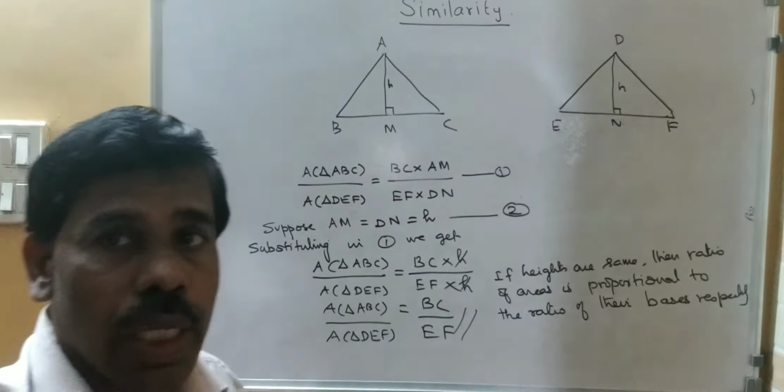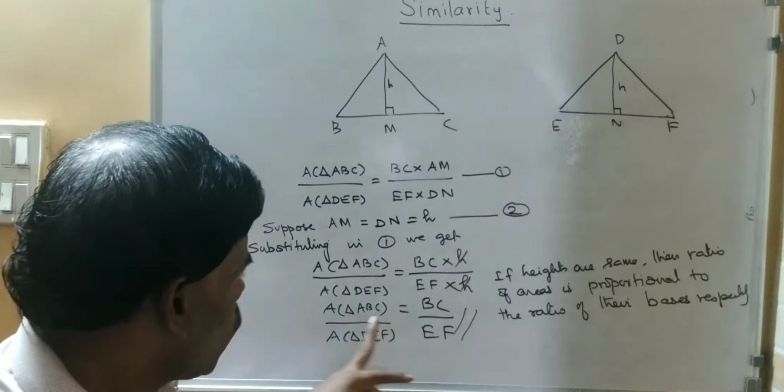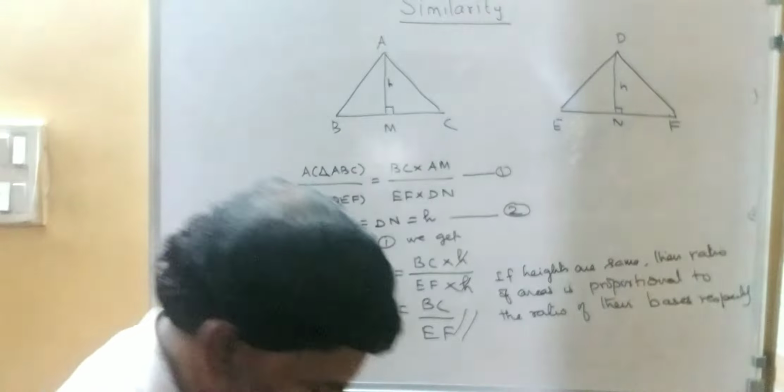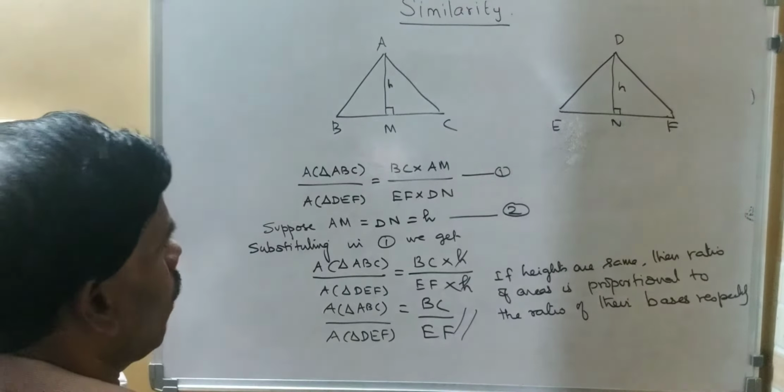Means what? If the heights are the same, simply the ratio will be the ratio of their bases. Okay. Now another one.